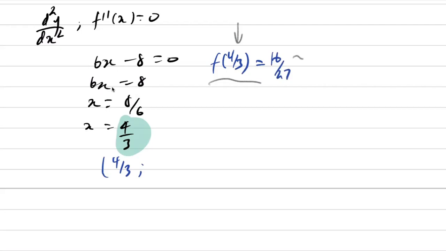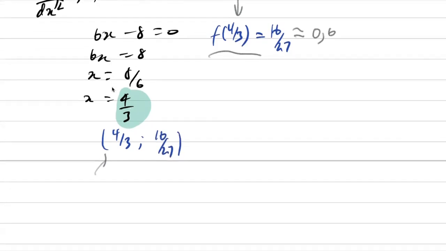16/27 is a value equivalent to what at most? I think something like 0.6. 0.6. So between 1 and 0. Between 1 and 0, yeah. Right. What about 4/3? 4/3 is 1 and something.